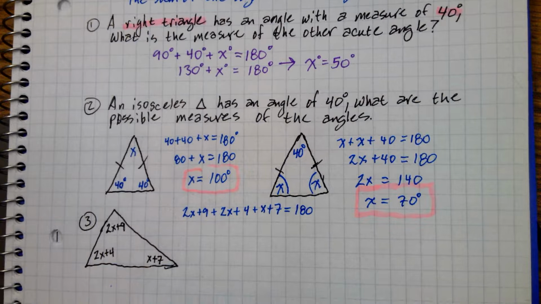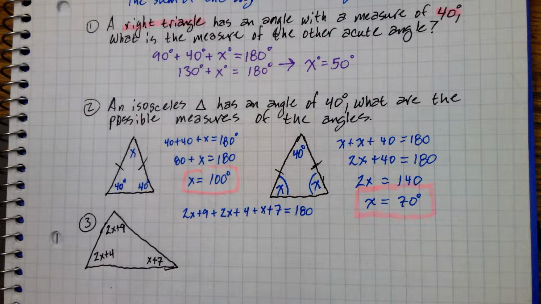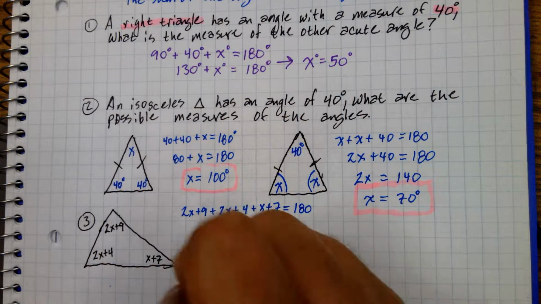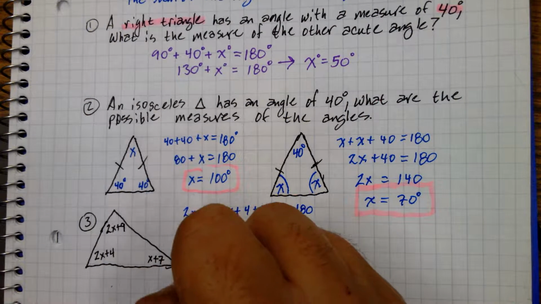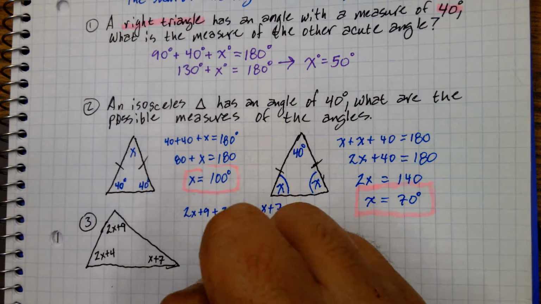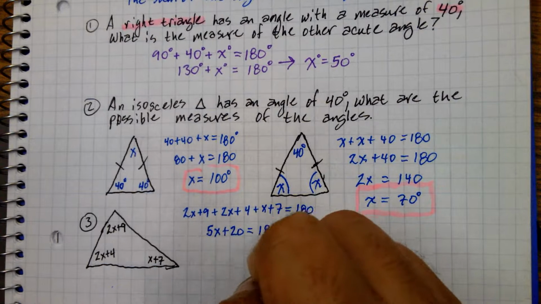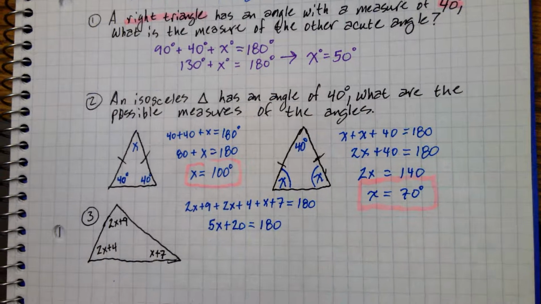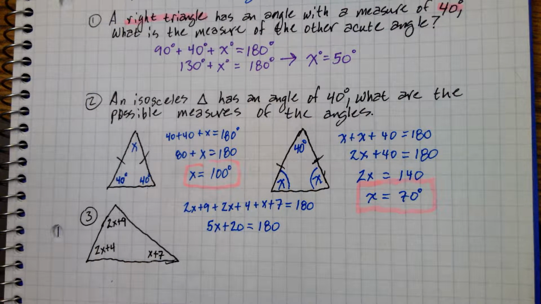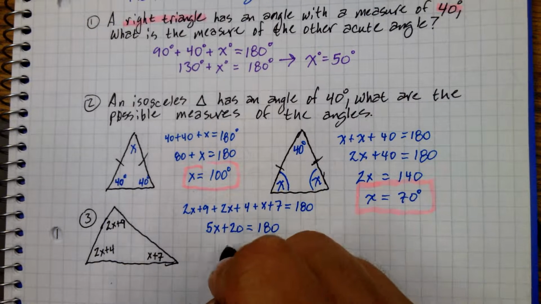You can still say that, and that's 5x plus 20. So we'll get 5x plus 20 equals 180. Okay, so that would be 5x.